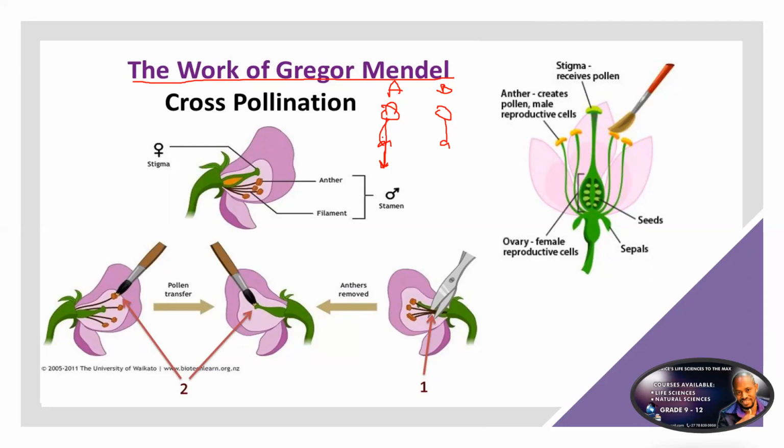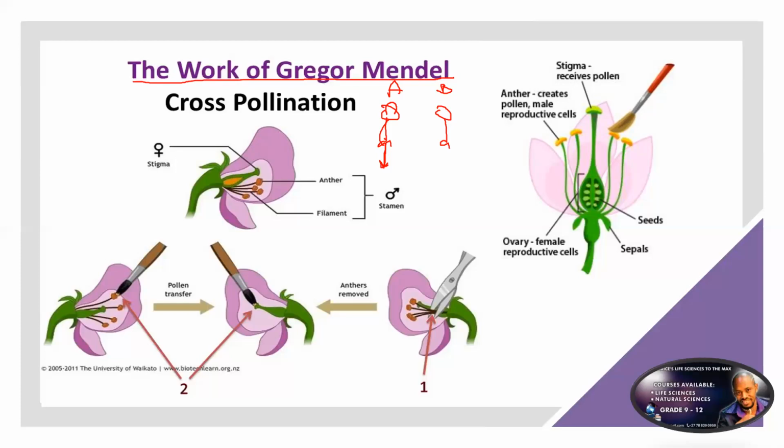But that's not what Mendel was interested in. Remember, at Mendel's time, people used to have the perception that if a tall person, for example, has a child with a short partner, let's say a tall man and a short woman having a child together, people used to think that the characteristics that will be expressed in the offspring or the child will be a blend of the characteristics expressed in the parents.